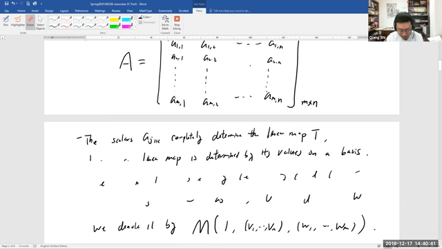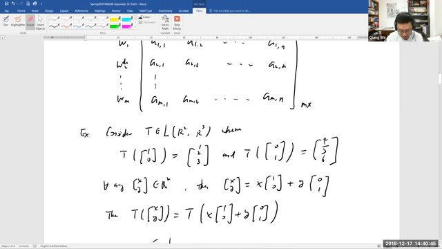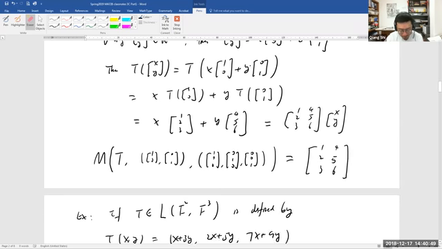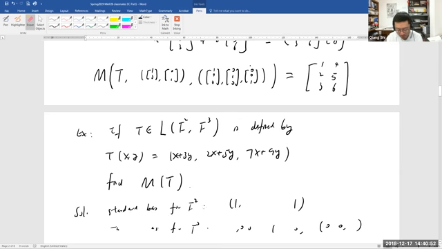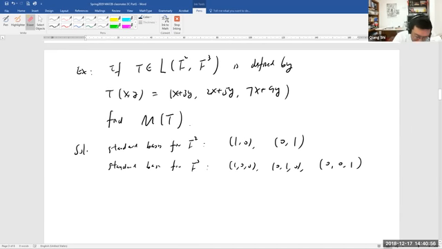So we will follow that idea, the definition of where that M of T comes from, to work on this example and write the matrix.